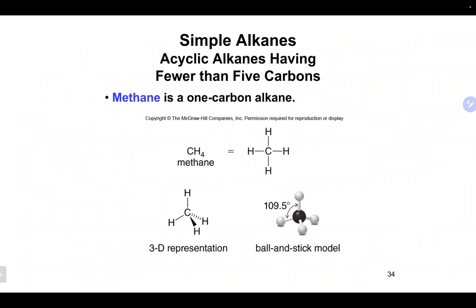So again, here's methane. Some of the other things we touched upon is the geometry that we see. This is a central atom that has 4 electron pairs. It also has 4 bonds, and that is our tetrahedral arrangement, like we talked about with Lewis structures. And that is a 109.5 degree angle that occurs here.